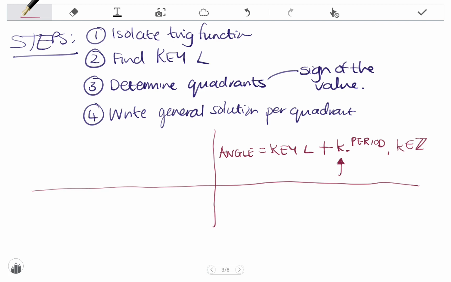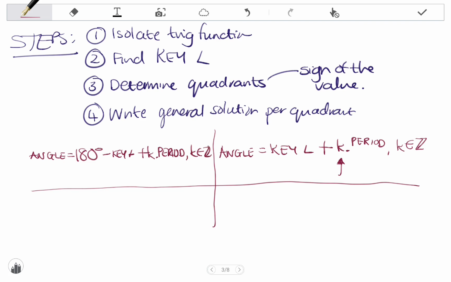Moving on to the second quadrant. My general solution for second quadrant is the angle equal to, how do we name angles in the second quadrant? It's 180 degrees minus the key angle. Then I add multiples of the period, and then k is an element of integers.